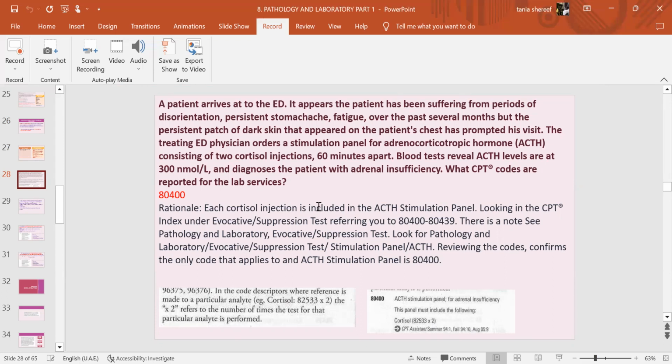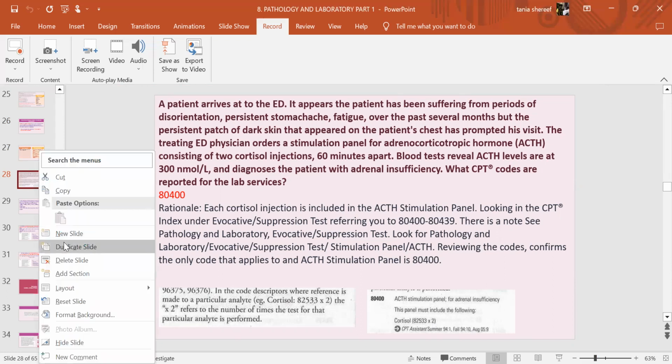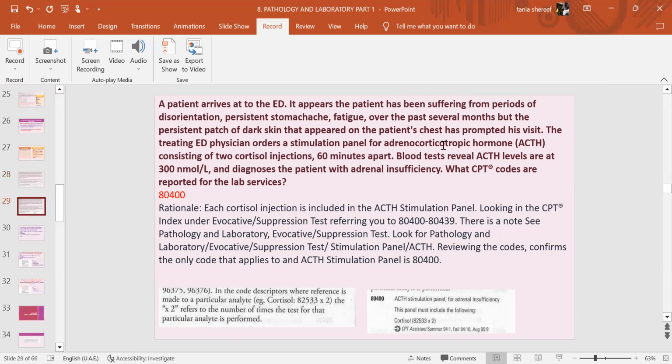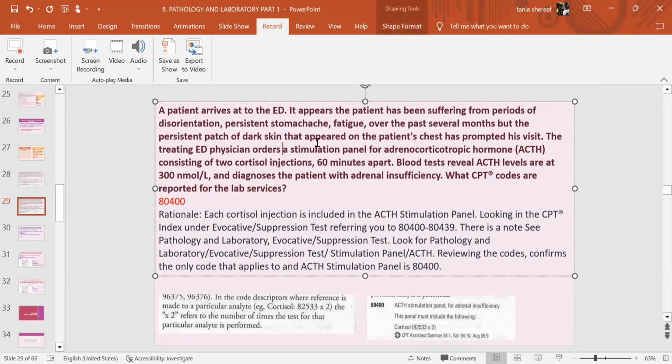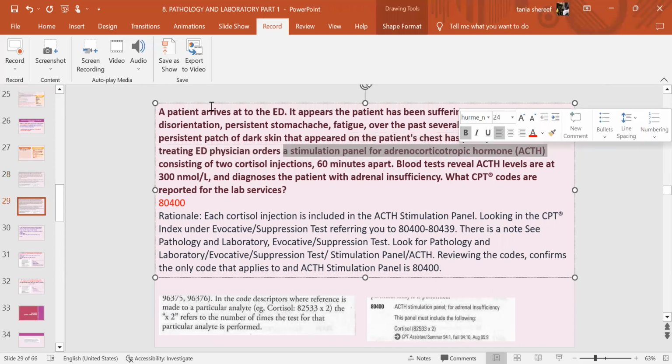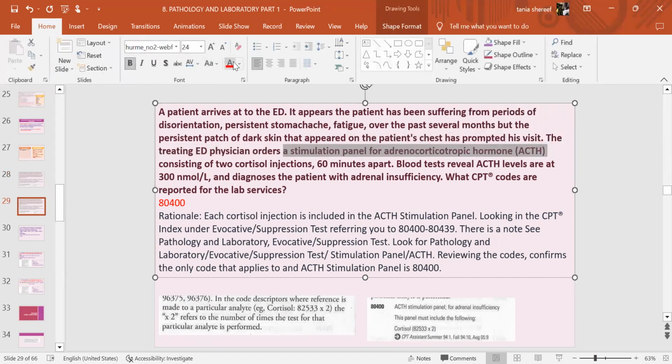So what is the procedure, the lab service done here? So we can see what is done. Adrenocorticotropic stimulation panel. It is a stimulation panel for adrenocorticotropic hormone consisting of 2 cortisol injections 60 minutes apart.